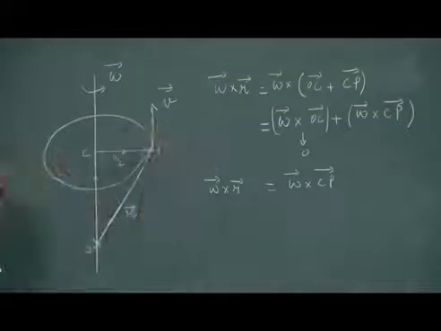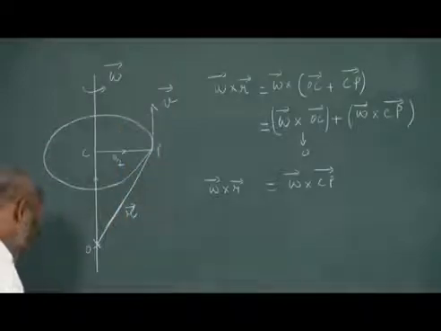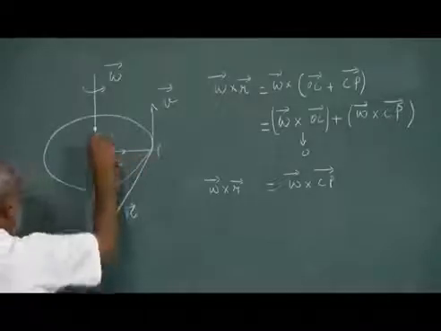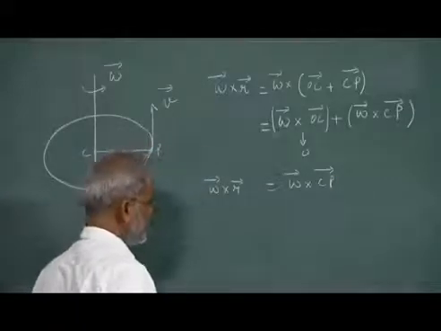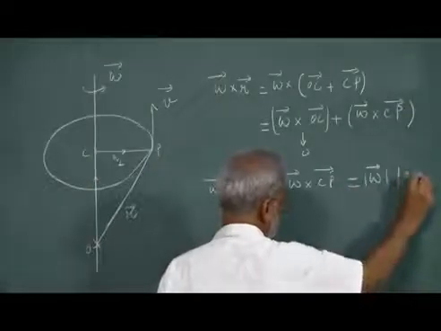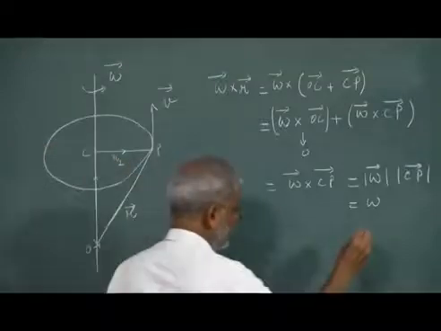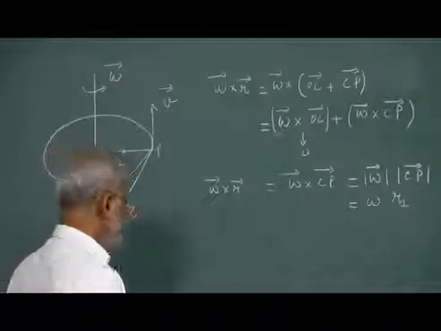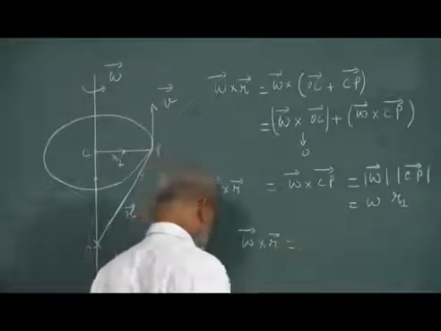Now we already have a direction which is perpendicular to both these directions, that is the direction of v, and since omega and CP are perpendicular, when I take the product I will simply have modulus of omega into modulus of CP. What is the length of CP? Length of CP is what is called r perpendicular. So therefore, we have this relation omega cross r is equal to v.